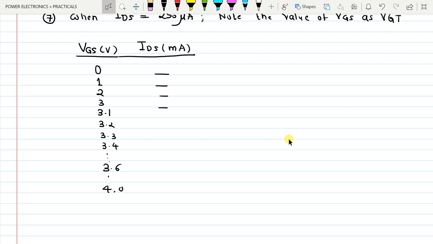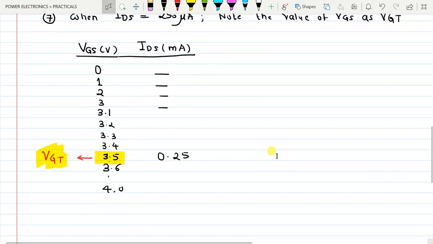For example, at 3.5 volts you get the current as 0.25 milliamperes or 250 microamperes. Please note that this is nothing but your VGT, so note VGT as 3.5 volts here.